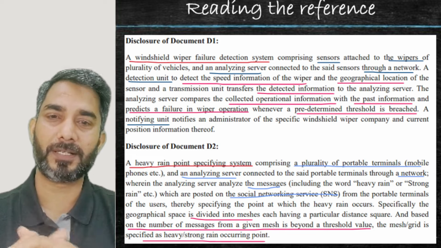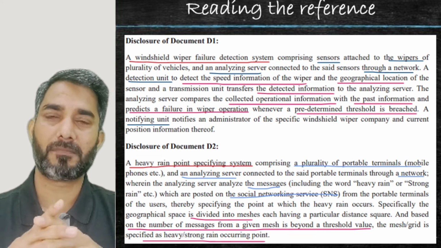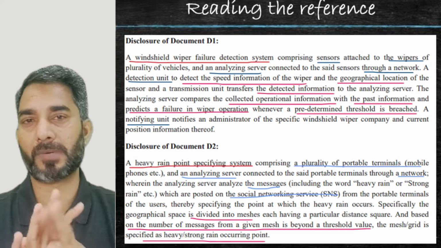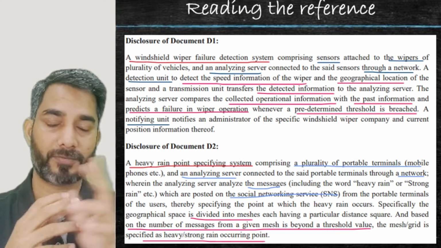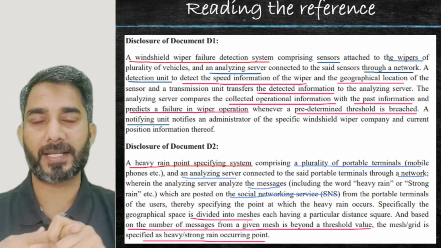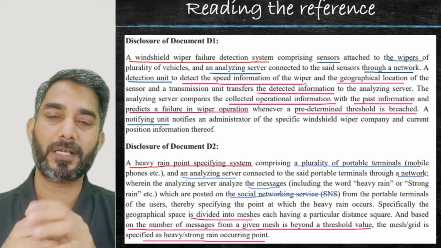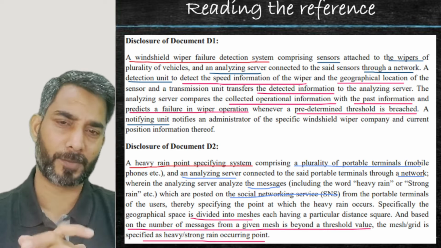So we can come to a conclusion whether the wiper is going to break or malfunction or not, right? And we provide notification to a particular administrator of a company. So the objective is different. The way the data is analyzed is also different. So two novel aspects can be combined here. And yeah, let's talk about that later.